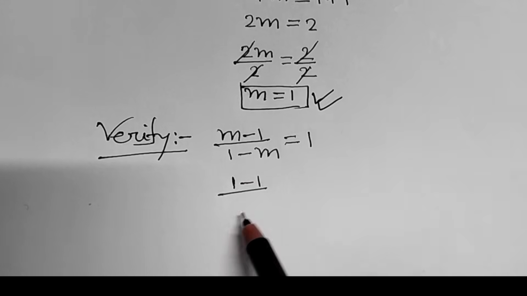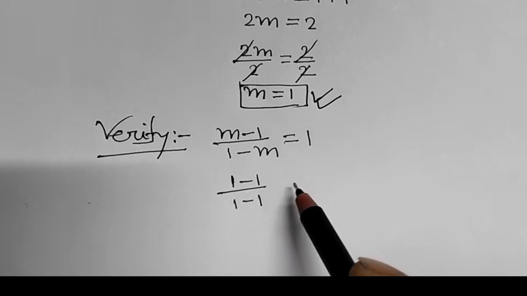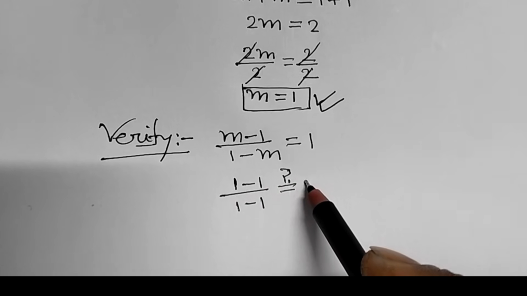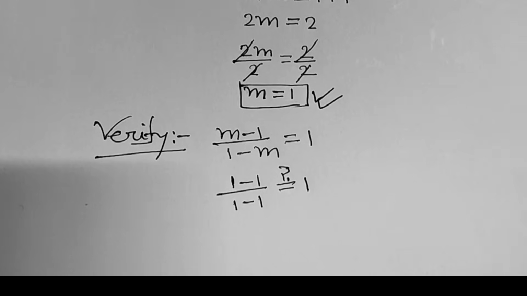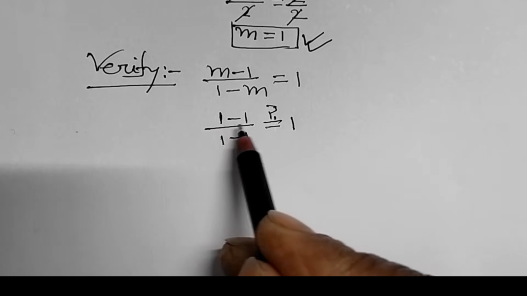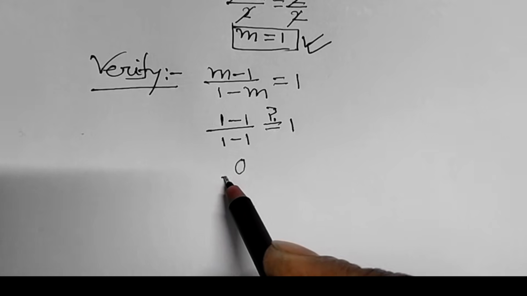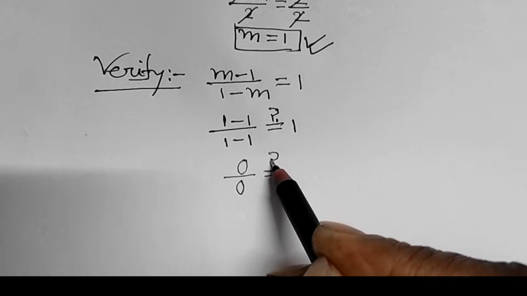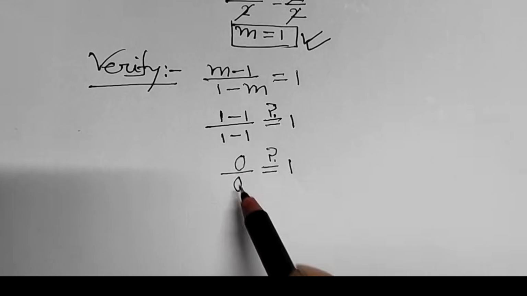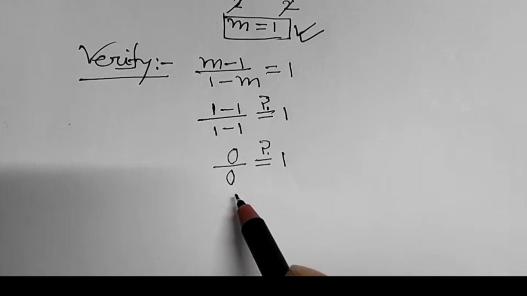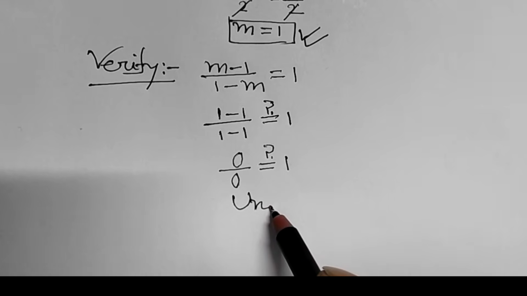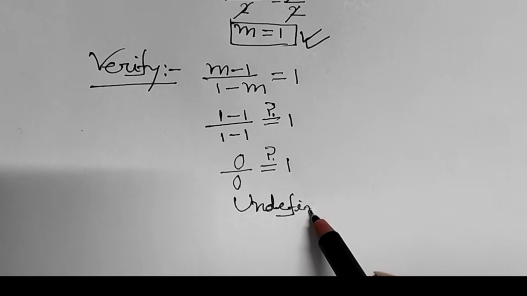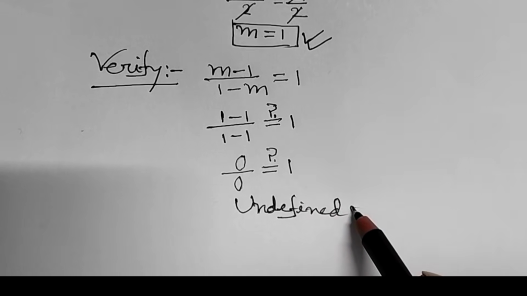Therefore (1 minus 1) all over (1 minus 1) equal to question mark 1. 1 minus 1 is 0, so 0 over 0 equal to question mark 1. 0 over 0 is undefined, not equal to 1.